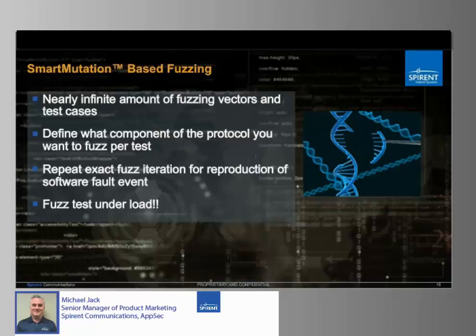You can even get down into granularity of what aspects of the protocol you want to fuzz and repeat any test that finds a problem over and over again. So we give you the ability to go back, verify, and debug with very high accuracy, and do this under load. Again, we are overall looking at testing any of our solutions under load, because that's going to be the ultimate condition of real services and real application live networks.